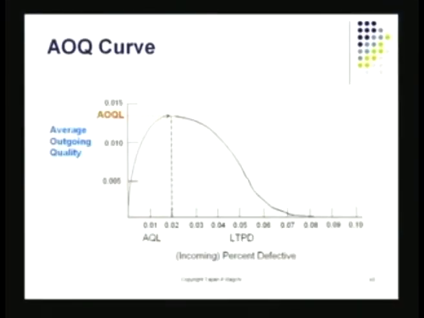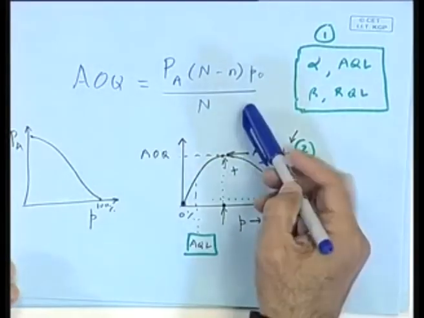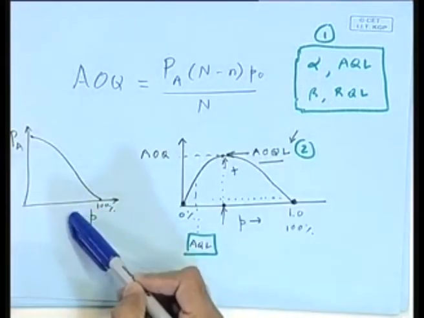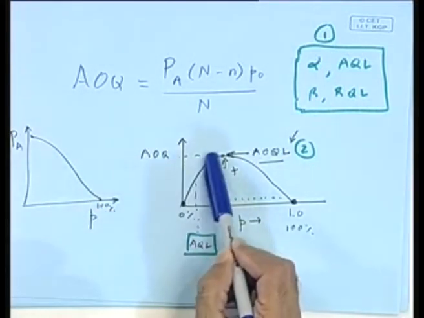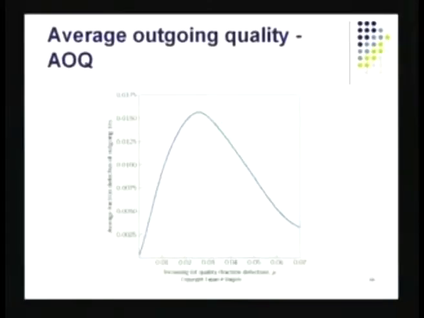And here again is a display of the AOQL. And these curves can be drawn quite easily because I have this formula here with me, and I have this OC curve with me, and with that I can calculate the different points on this and determine what that AOQL quantity is. That's quite easy to determine.